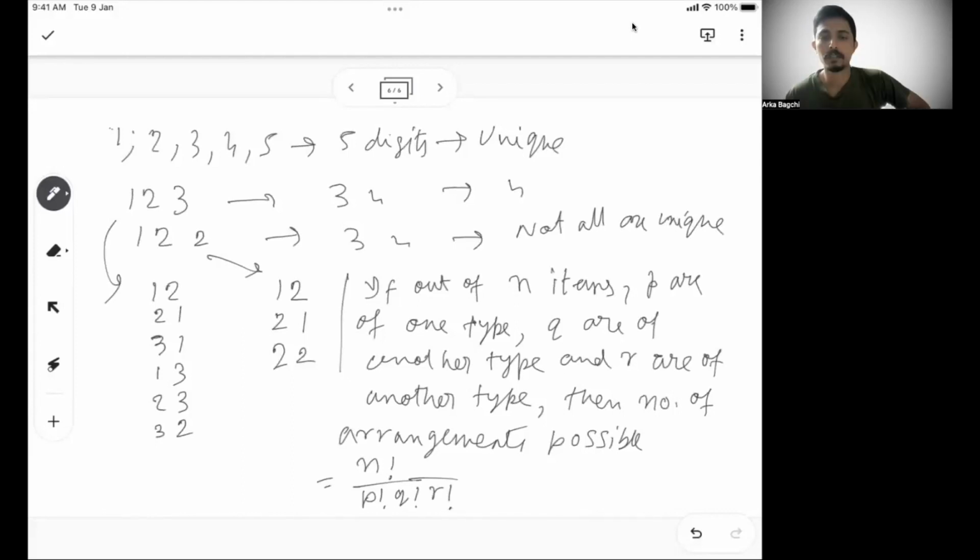So this is the formula. If you have p of a certain type, q of a certain type, r of a certain type, then factorial n by factorial p, factorial q, factorial r is the answer.